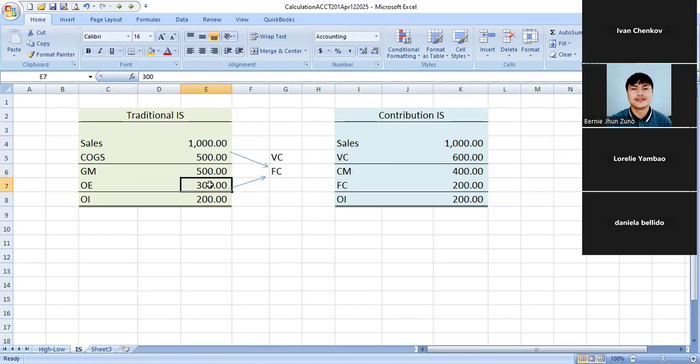Now, the next thing is the operating expenses, which are purely business expenses. So what we can see from here, operating income is your profit, correct? So the profit is, in this case, sales minus all the expenses, correct?